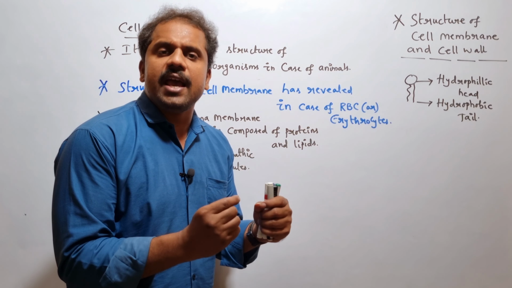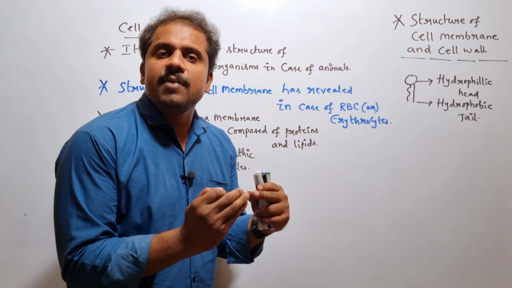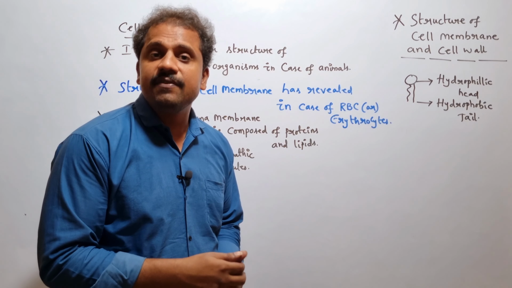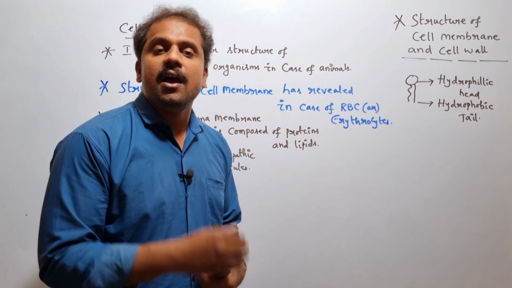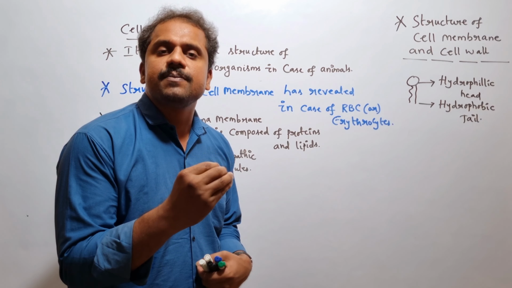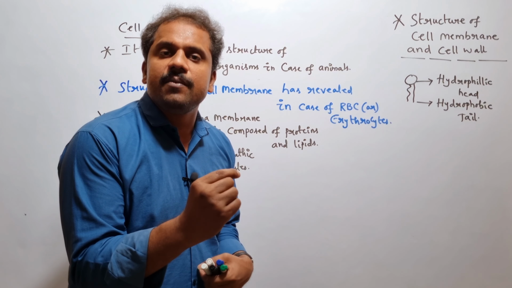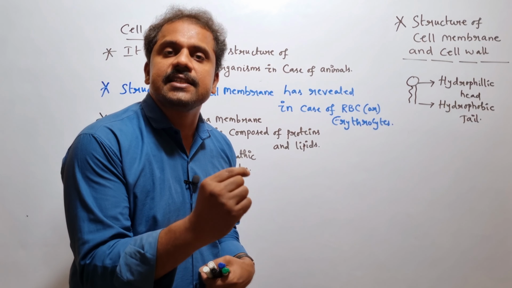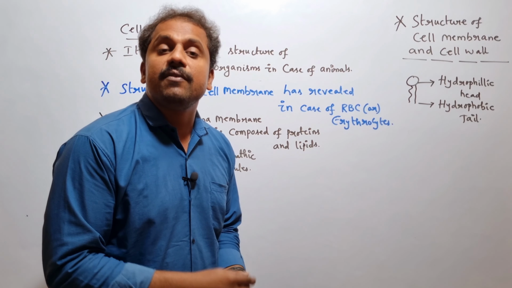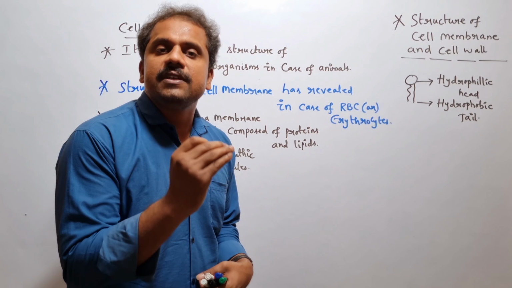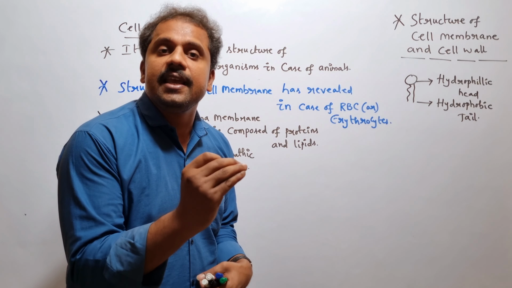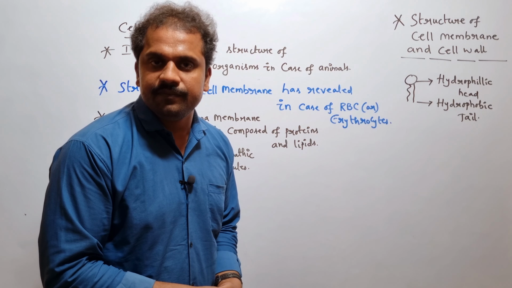So in order to explain the structure of cell membrane or plasma membrane, many cell biologists came into picture. Out of the many models explained by them, the most widely accepted model of the structure of cell membrane is nothing but what? Fluid mosaic model, which was first explained by Singer and Nicholson in the year 1972.